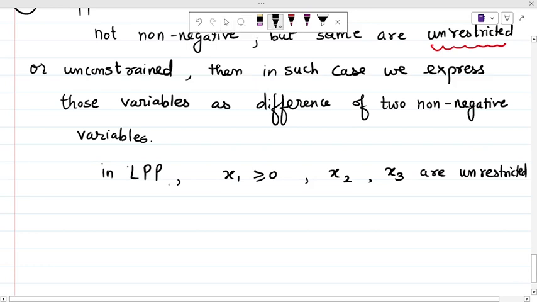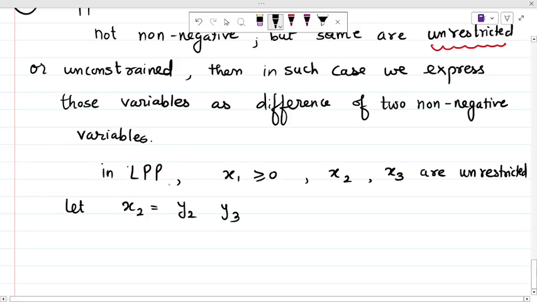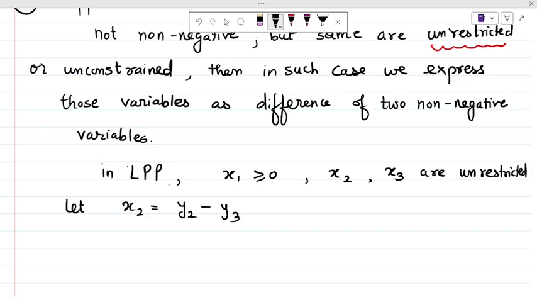We would say let x2 equal to, I'll express it as some other variables. I will need two more variables, let's say y2 and y3. I'll express it as a difference of these: y2 minus y3, with y2, y3 greater equal 0.